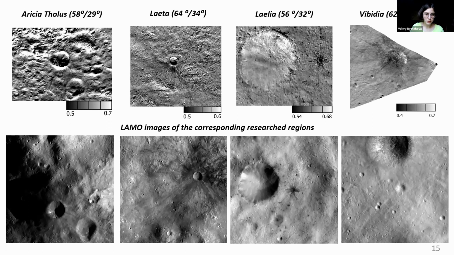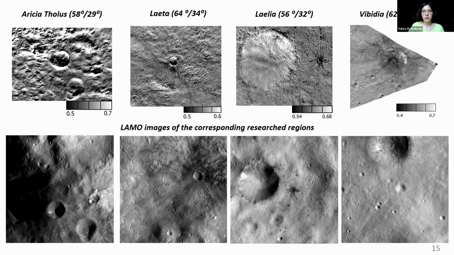Also, we can see some dependence between the number of new craters that overlap the ejecta of these craters on the picture, and how low the value of the phase ratio is.